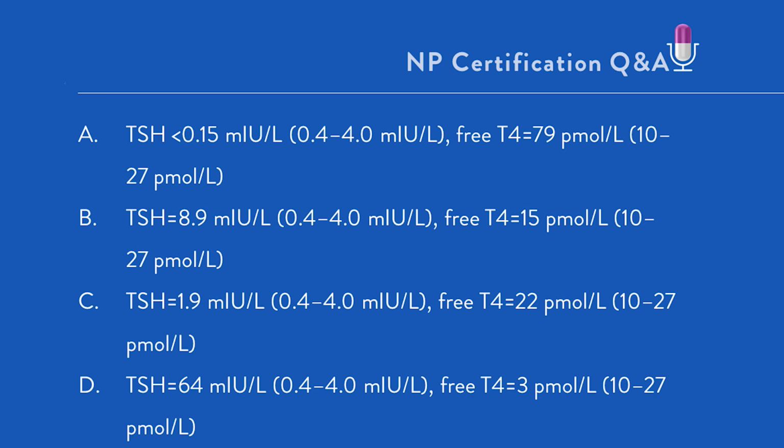Option D, the TSH is markedly elevated at 64, with the upper limits of normal being 4, and the free T4 is 3. The lower limit of normal is 10. And therefore, the amount of circulating thyroid hormone is 30% at very best of what it should be.